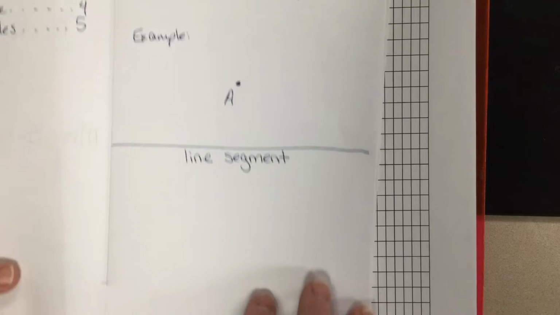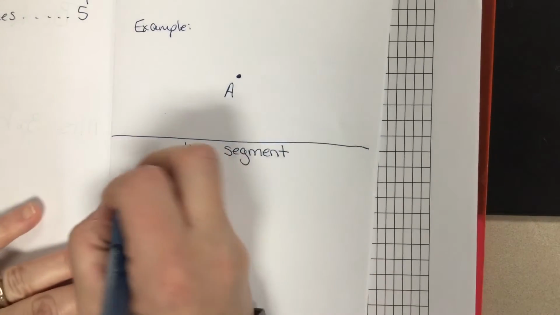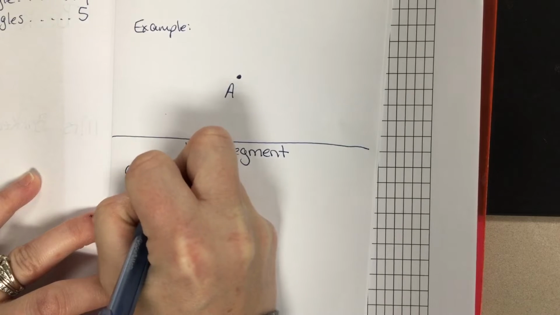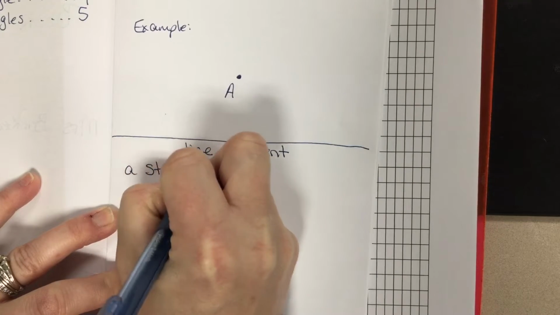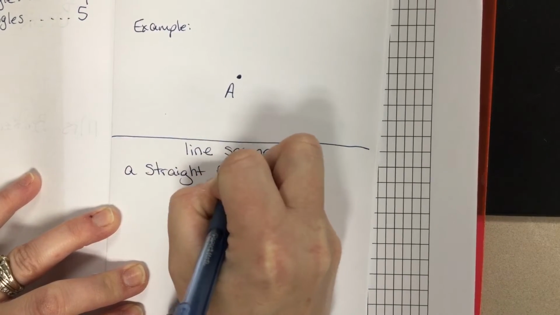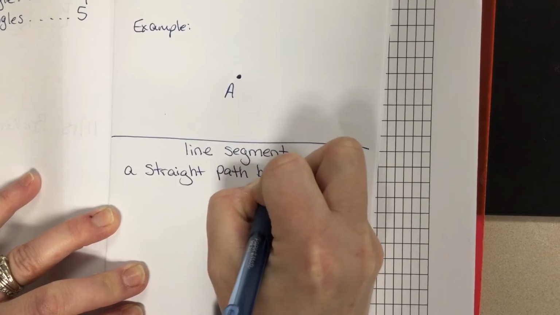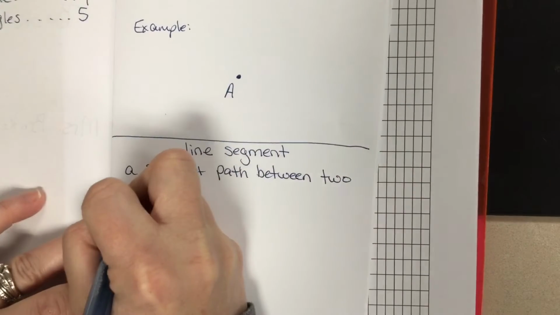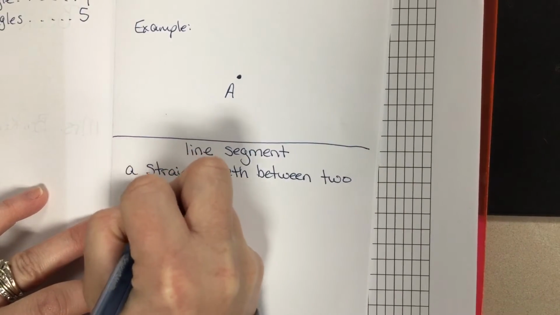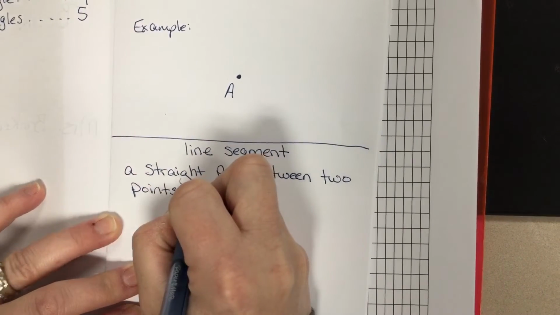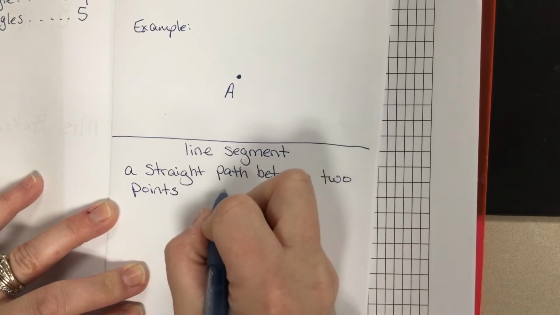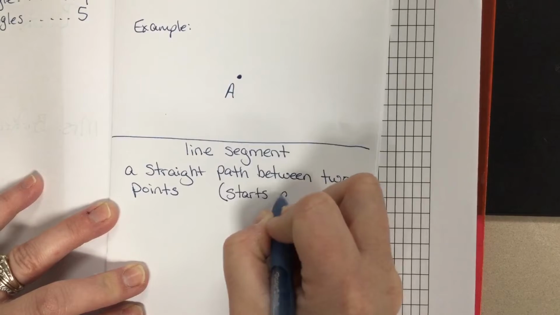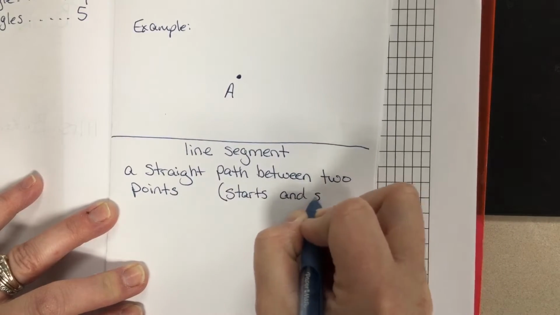So let's move to line segment. A line segment is a straight path between 2 points. This one starts and stops.